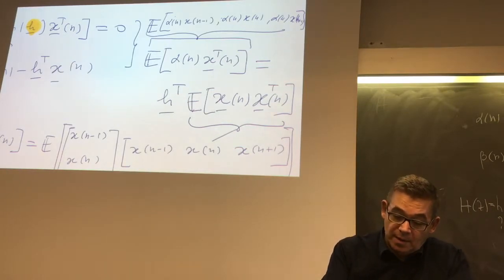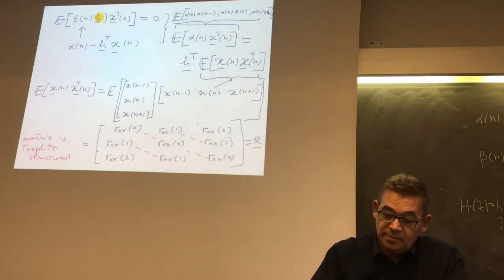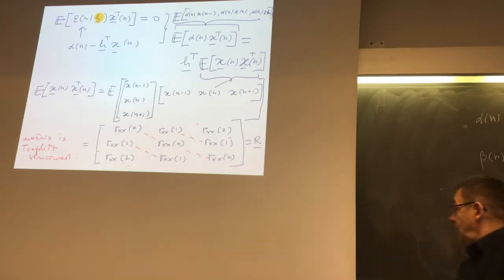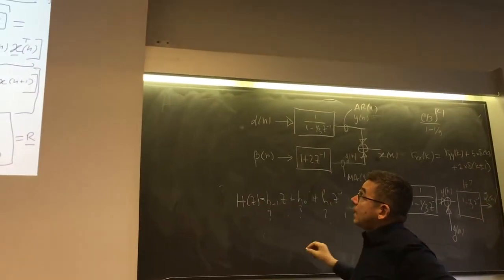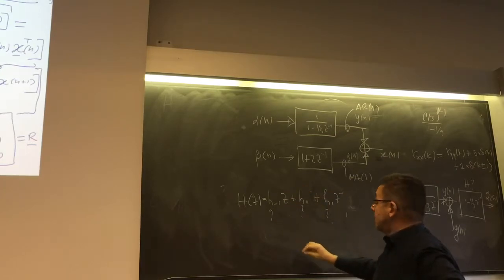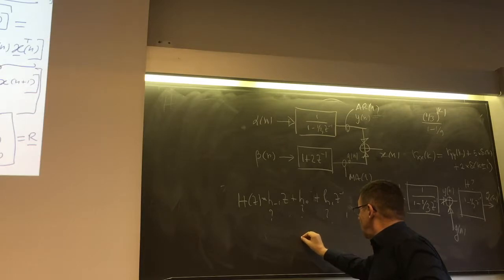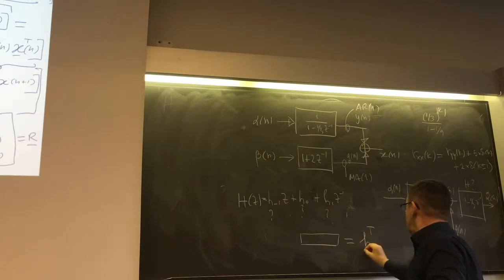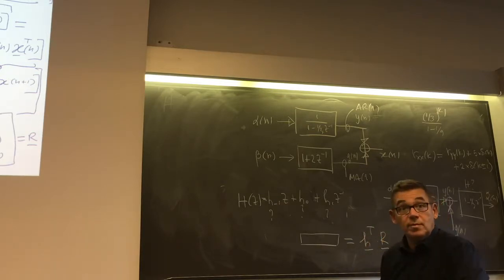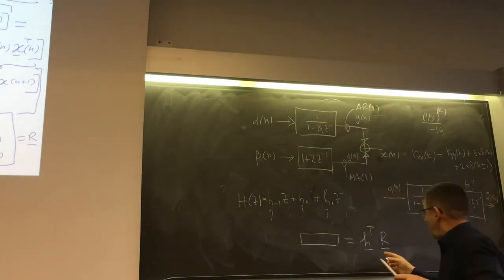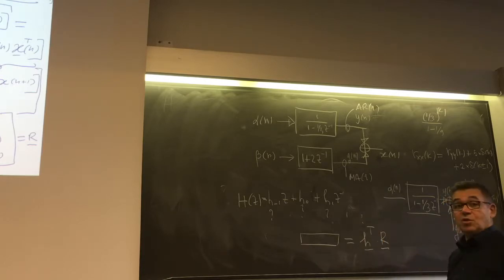So let's rearrange again. Okay. So I copy here so you have in front. I have a vector which is the row vector equal to H transpose times matrix R. I prefer to have the unknown in a vector.